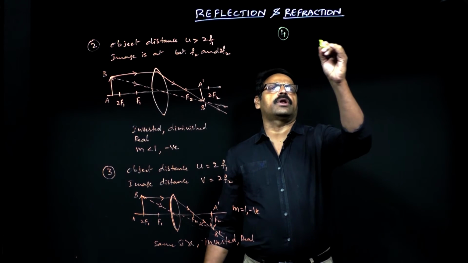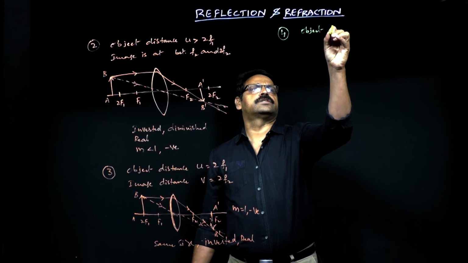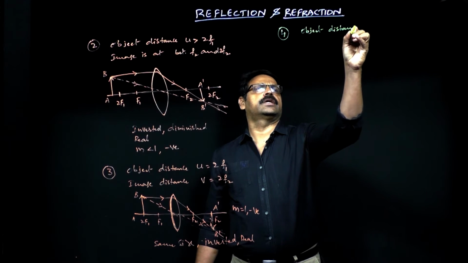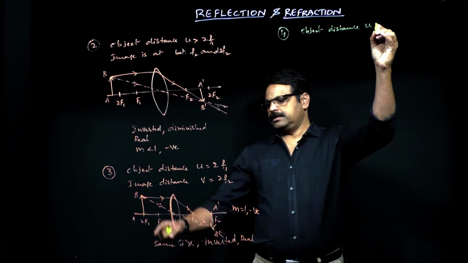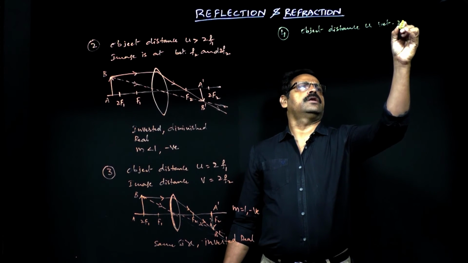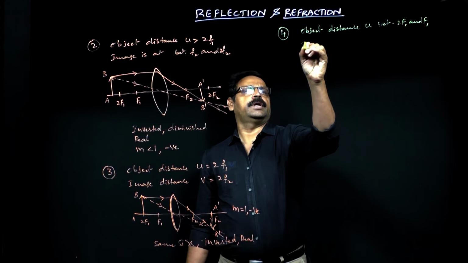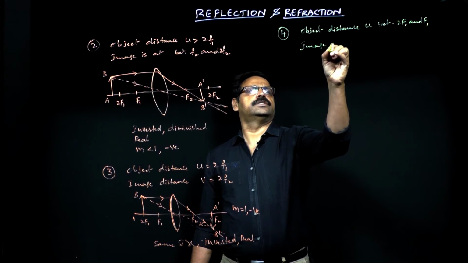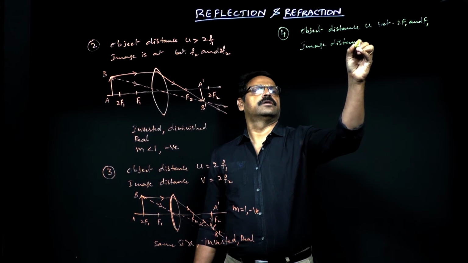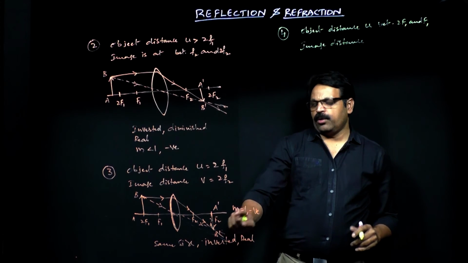So I take the object distance u between 2f1 and f1, and the image position is going to be beyond 2f2.